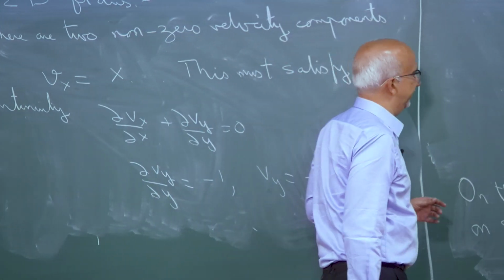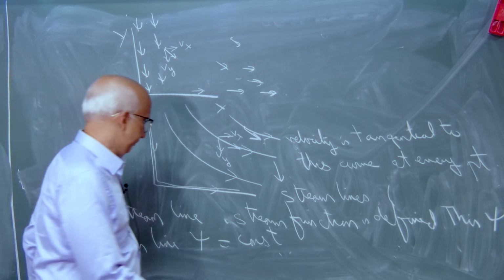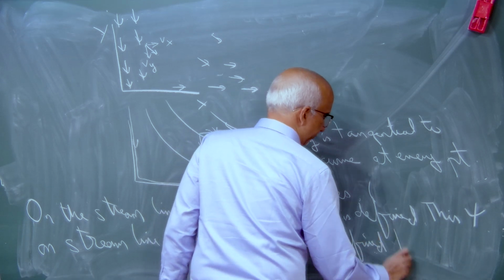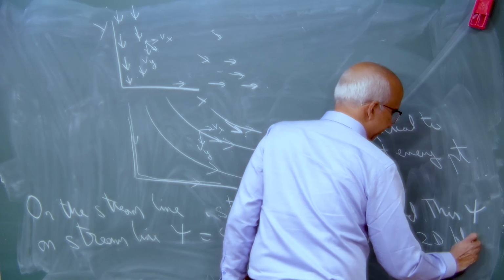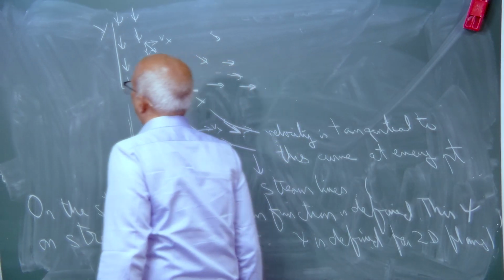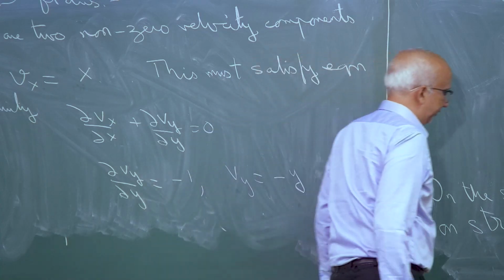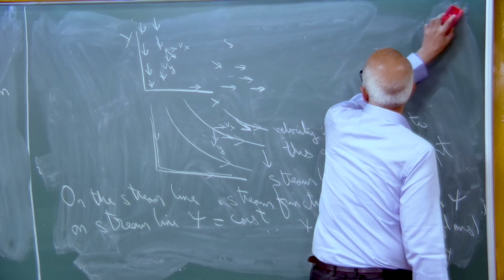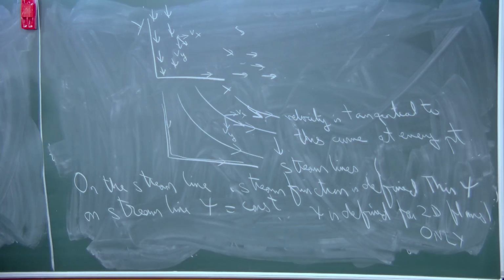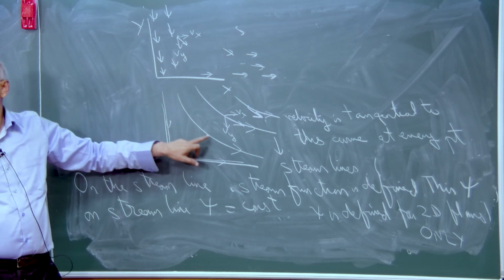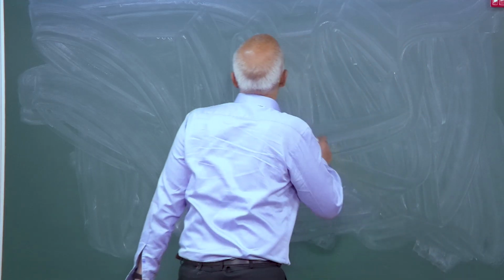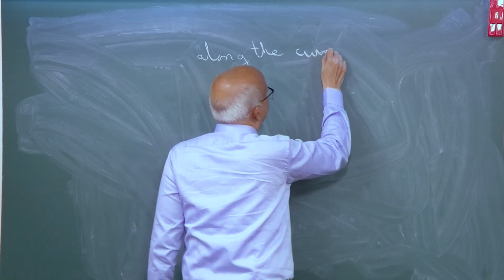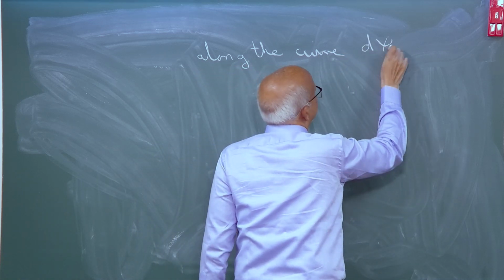So now the point is the stream function is for 2D flows only, and I think I should write this very clearly here. Now, if psi is constant along the curve, that means along the curve d psi is 0.